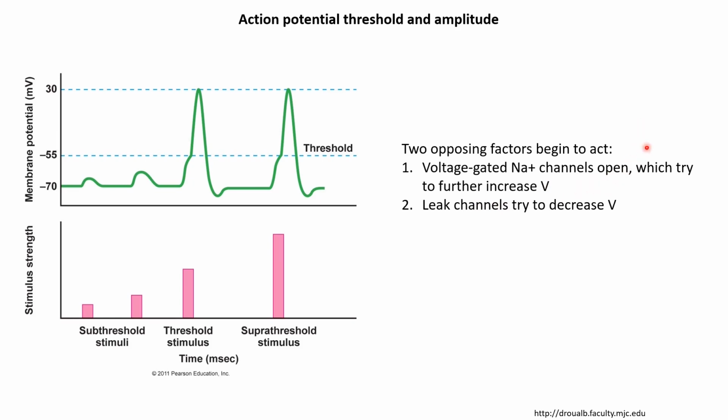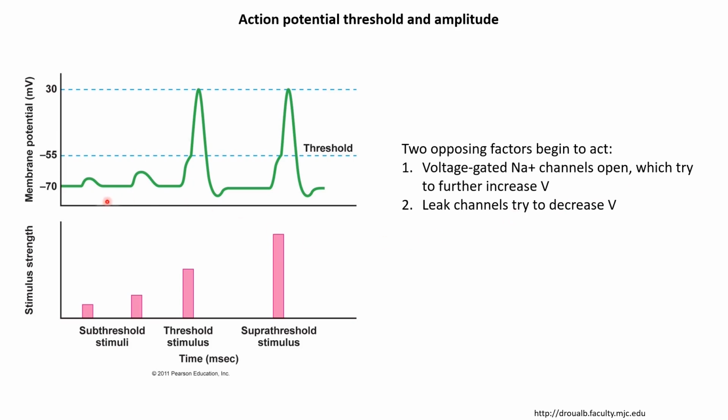For smaller increases, the opening is very small. But as the voltage increases, the number of sodium channels that are open increases at a much higher pace. And these two factors compete. Because they depend in different ways on the voltage, for smaller depolarizations, the second factor dominates, and for larger depolarizations, the first factor dominates.